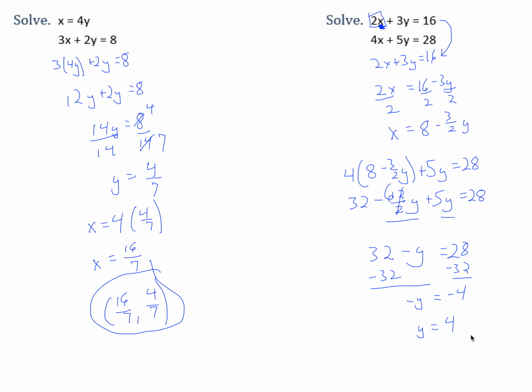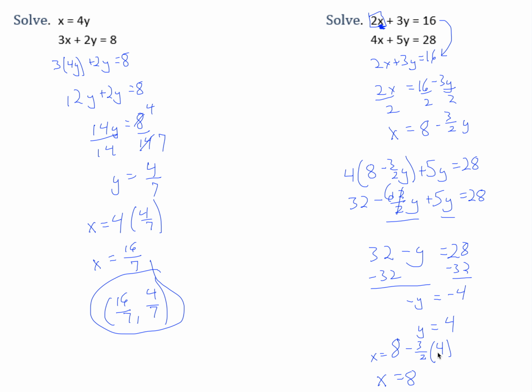Now once we get here, we can go ahead and substitute this back into one of our other equations. Again, I usually say the one that you solved for is easiest. The other ones also work, but so we have x equals, I'm looking at this one, 8 minus 3/2 y. Well, y we just found was 4. So x equals 8.